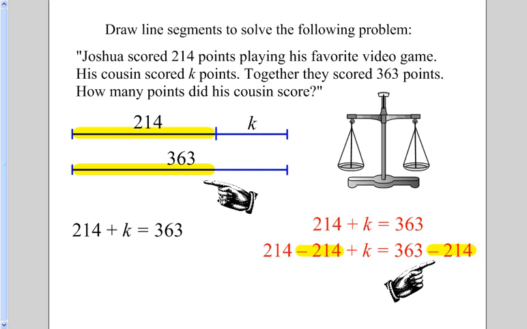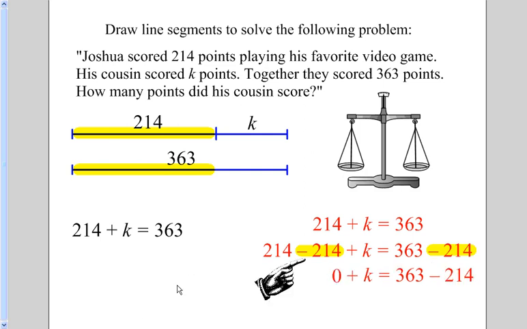And we can see how it connects up here to these line segments on the left-hand side. 214 minus 214 equals 0 down here. So we just simplified that and made that easier. Now we have just K.